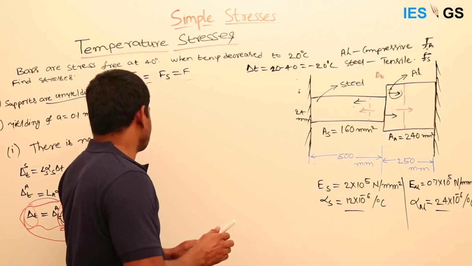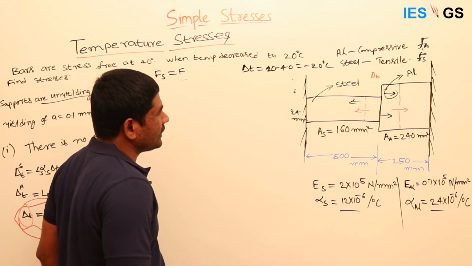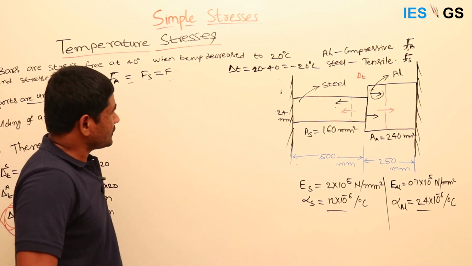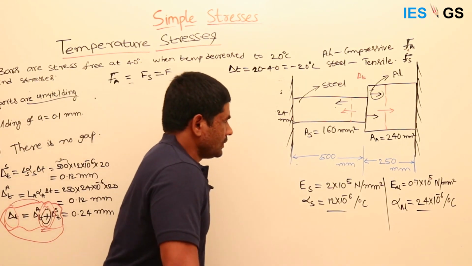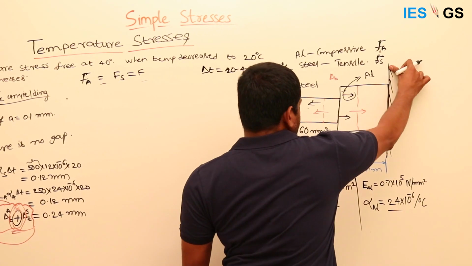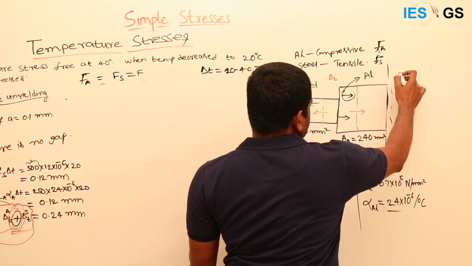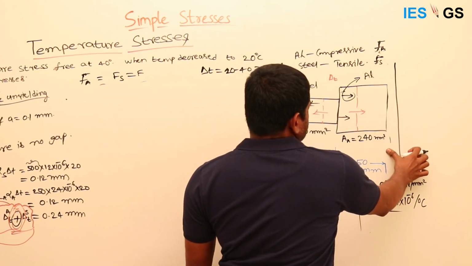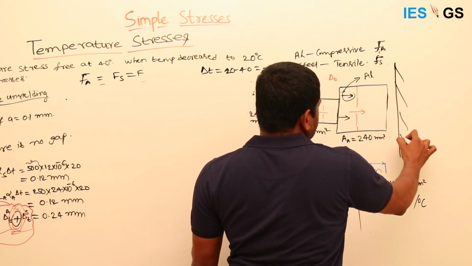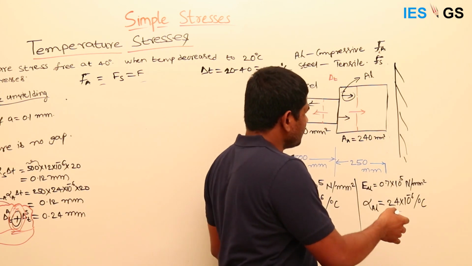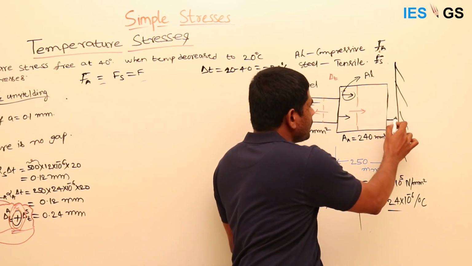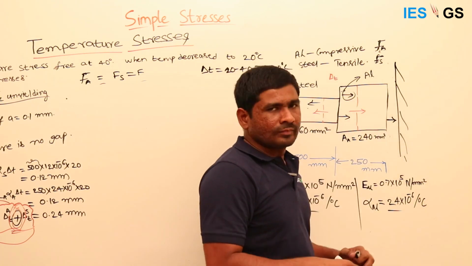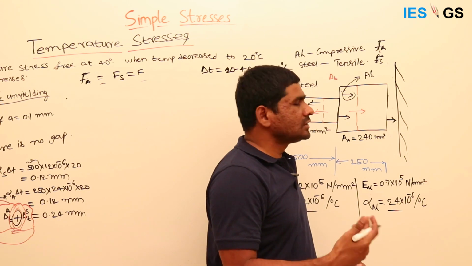Why? Because when there is a gap and the temperature is decreasing, let's say there is a gap between the fixed support. When the temperature increases, only then will it go and touch this, restrict the body, and produce the stress.